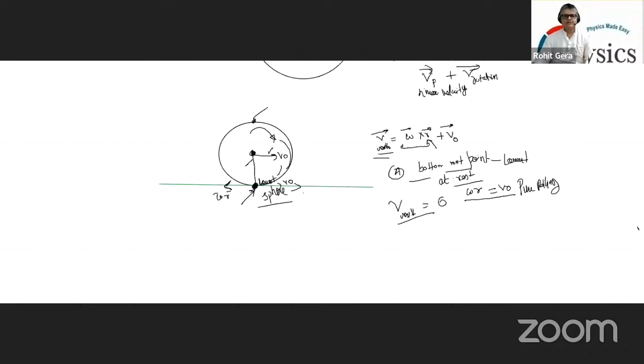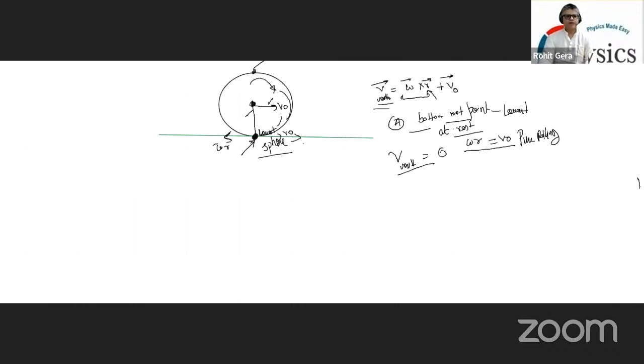Now let's go and study the next point, point B, located at its center, C. Point C in itself will not show any rotation at all. The C point will have only a linear component because there is no distance like omega r here. R is 0 for a point C. It only has a linear part.